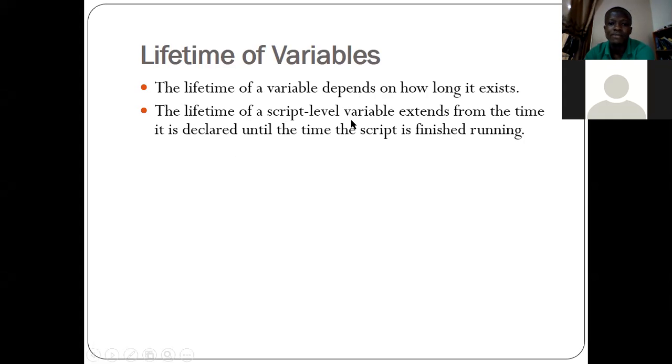So the lifetime of a script level variable extends from the time it is declared until the time the script is finished running. That is why we can clear memory in computers. Sometimes you have a lot of things, the memory is actually taken up by the variables. That is the reason why even your phone, you need to close the applications.